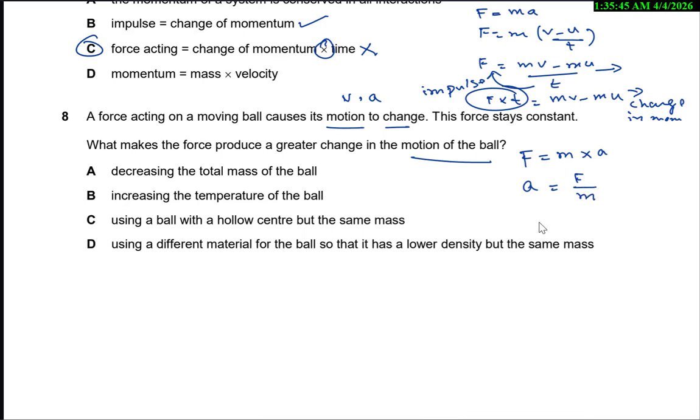Here we have constant force, so it means that acceleration is inversely proportional to mass. It means that the bigger the mass of the object, the less acceleration, and less mass would have more acceleration. So decreasing the total mass of the ball would have greater change in motion. So option A is the correct answer.